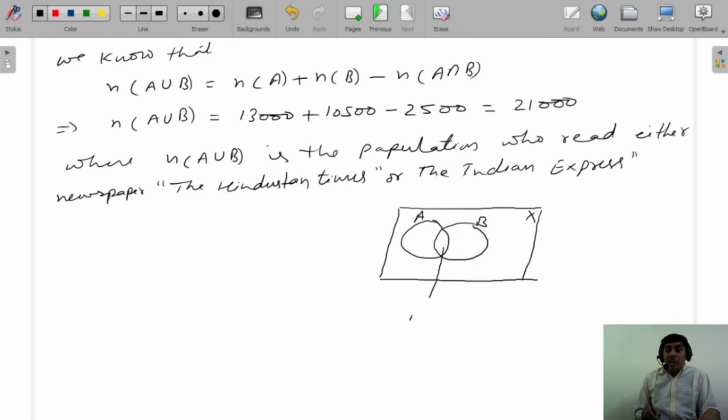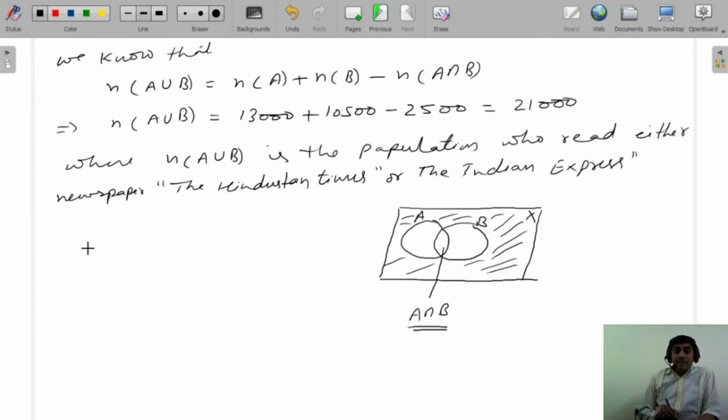A intersection B, the common area of A and B, represents the population who read both newspapers, Hindustan Times as well as Indian Express. The shaded part, the lining part, shows the population who neither read the newspaper Hindustan Times nor the newspaper Indian Express.